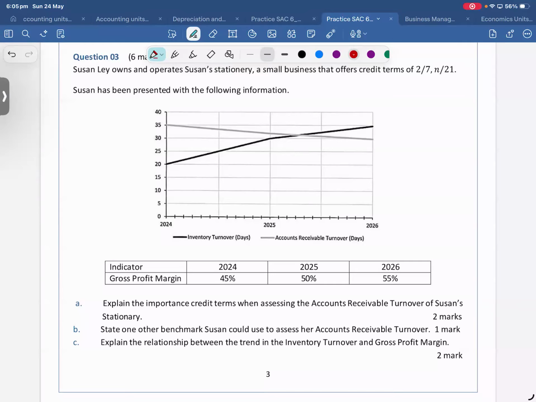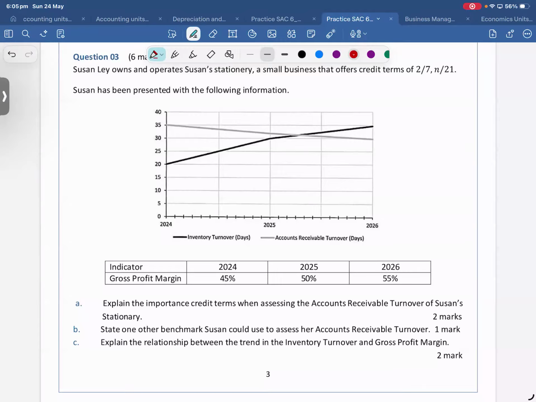So the only situation that we can say gross profit margin is greater the better is if the gross profit amount remains the same or higher. That means we are making more gross profit amount, not just margin.